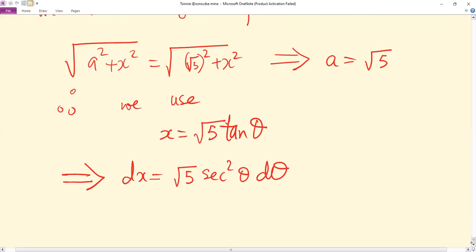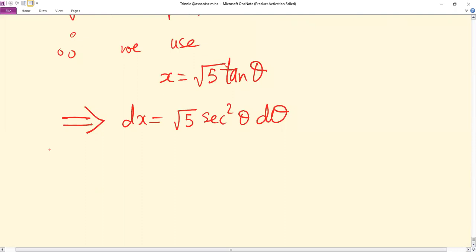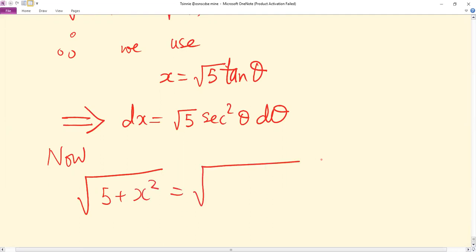Now the square root of 5 plus x squared is the same as the square root of 5 plus 5 tan squared theta, since I'm squaring this x value.